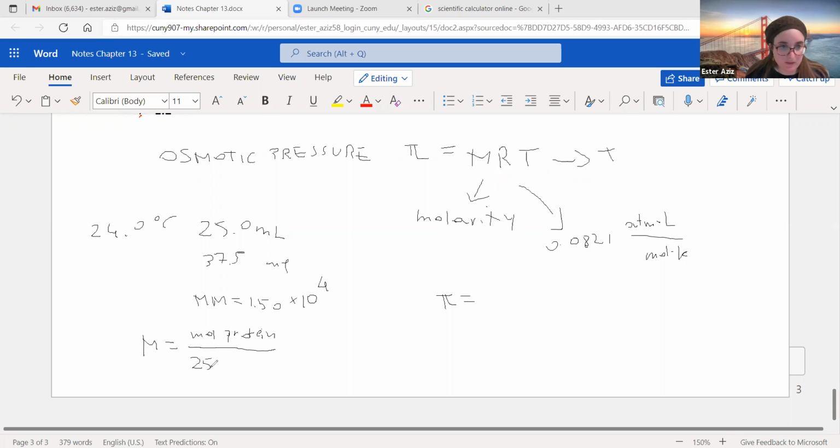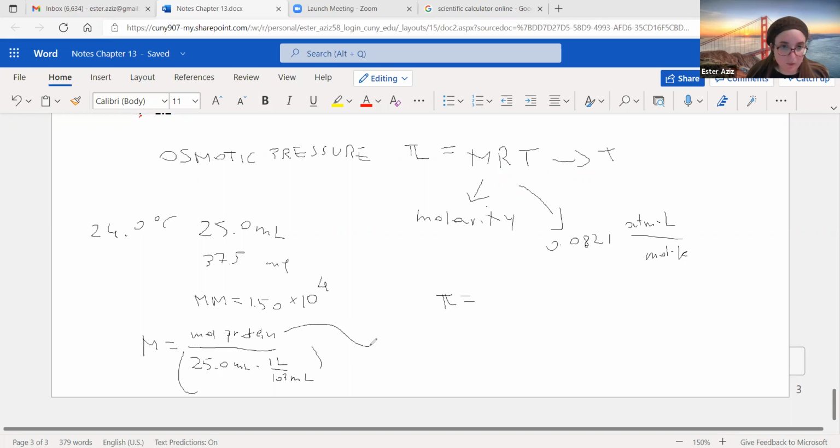Let's convert that into liters. In here we have the moles of the protein. We don't know the moles of the protein directly, but we know the weight in grams and we know the molar mass, so we can easily find the moles.